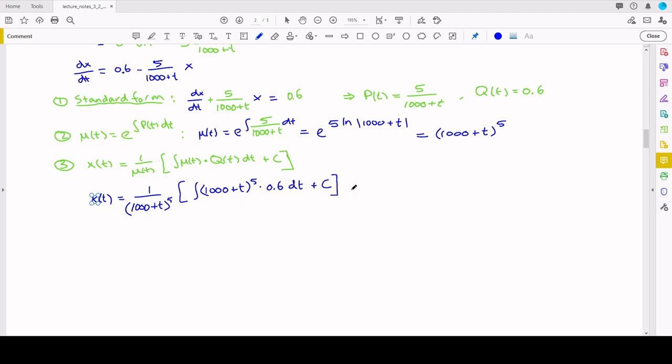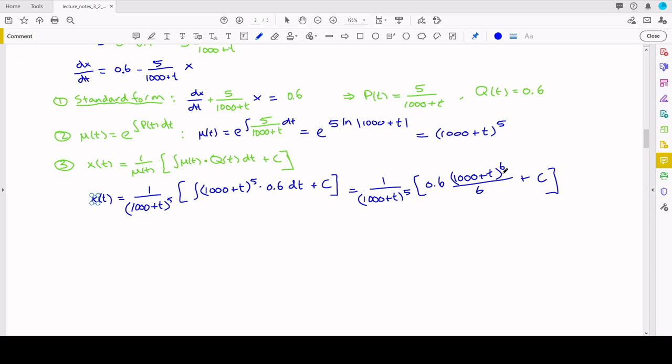So what we get is 1 over 1000 plus t to the power of 5 times, and then this integral is going to be 0.6, a constant multiple, times 1000 plus t to the power 6 over 6, and then plus c.